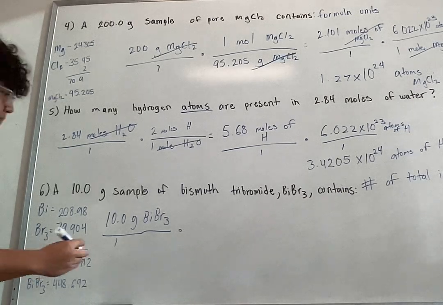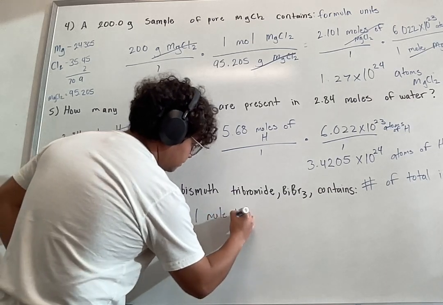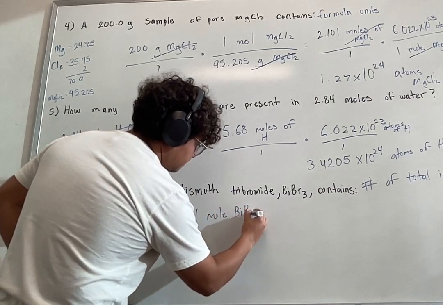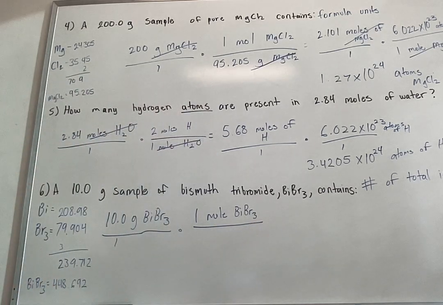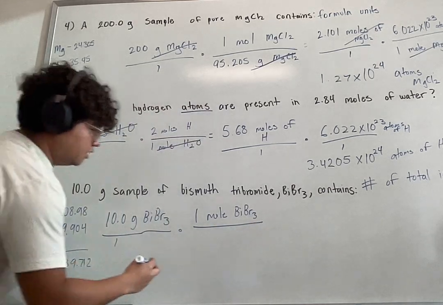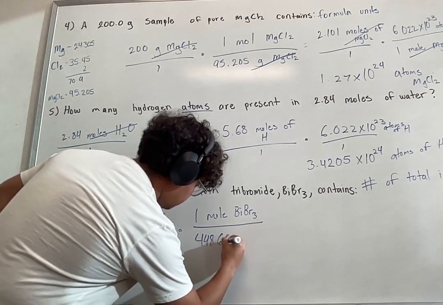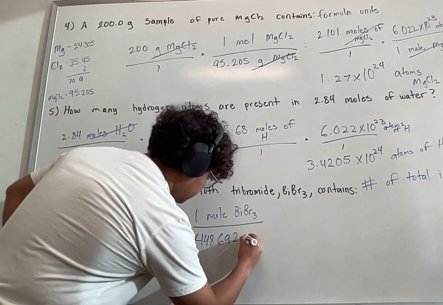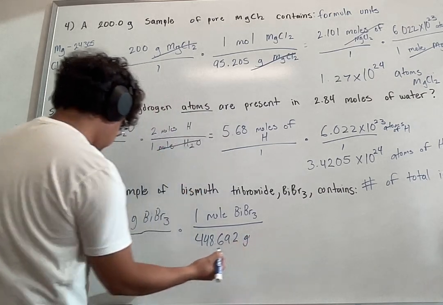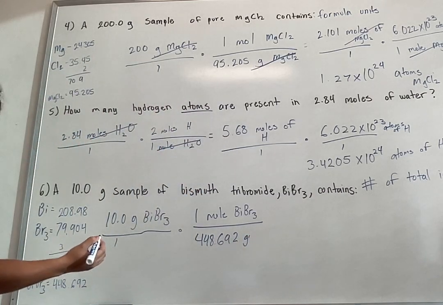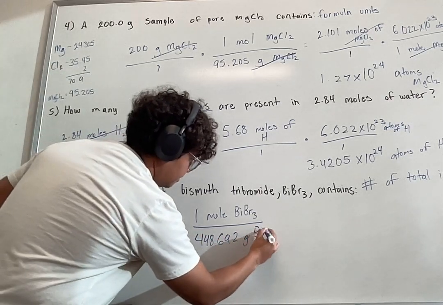So 1 mole of bismuth tribromide has the weight of 448.692. Okay. There we go. Oh, I forgot to put BiBr3. Well, you get it.